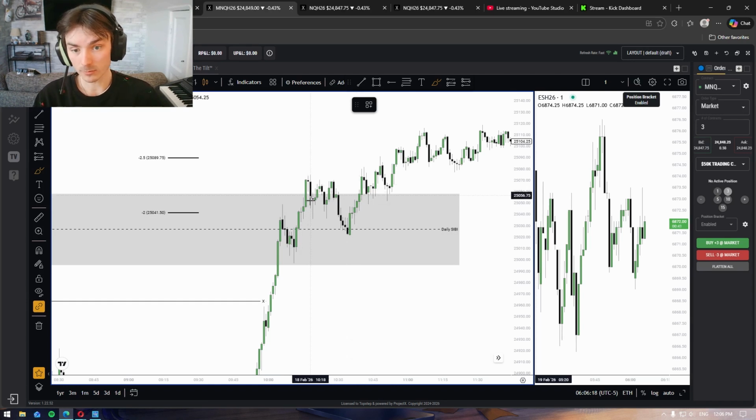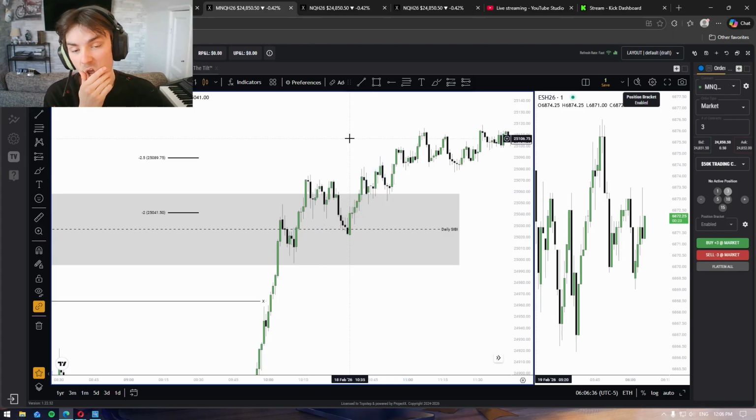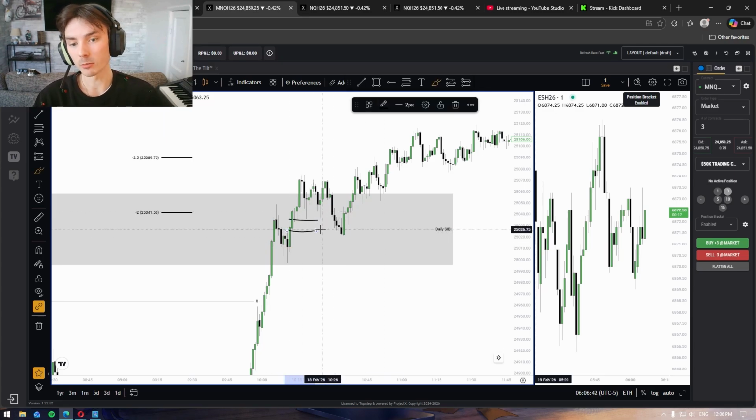But still, I wanted to see this one hold. 1 minute busy. So that's where I took pretty much a long and got stopped out, thinking that we wouldn't want price to come back down.